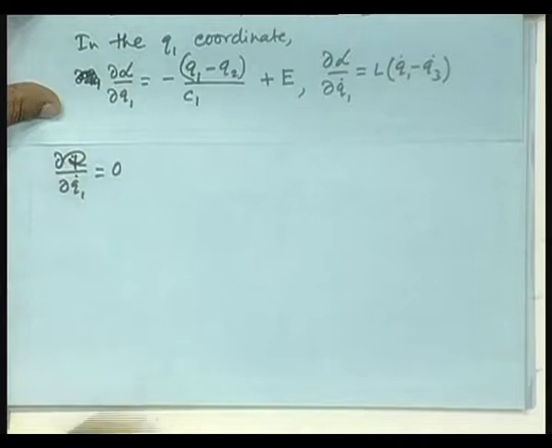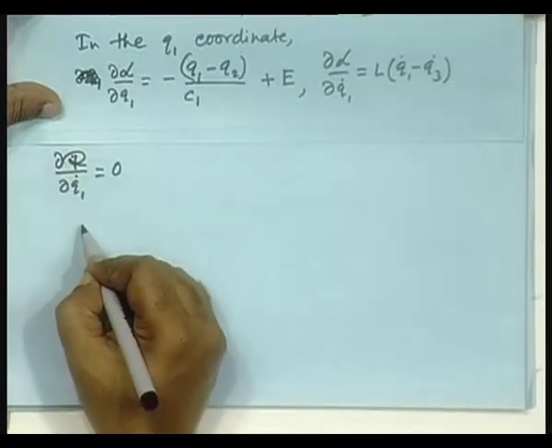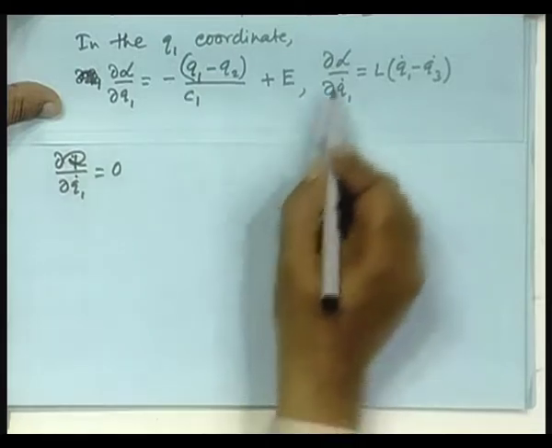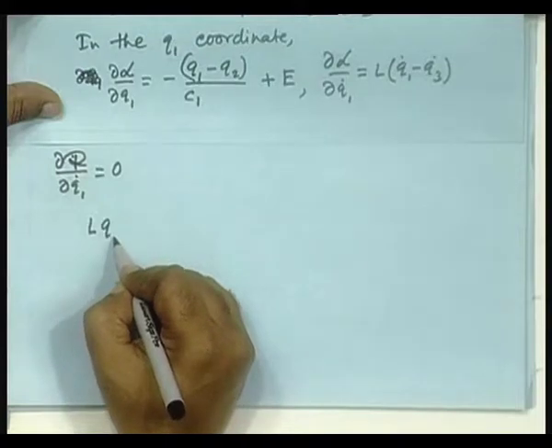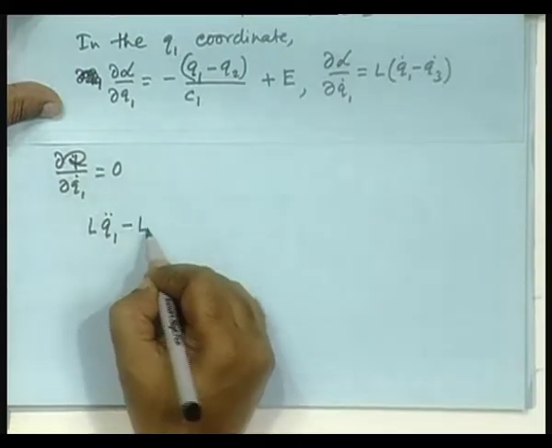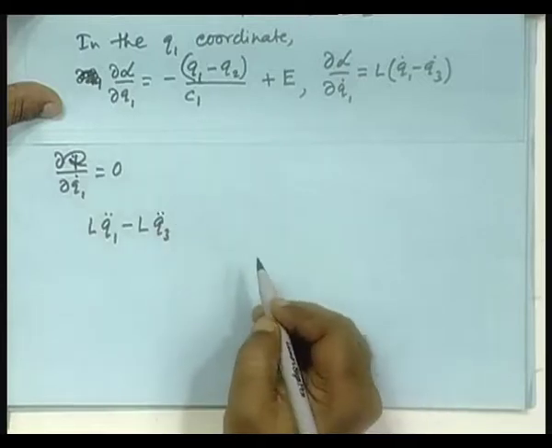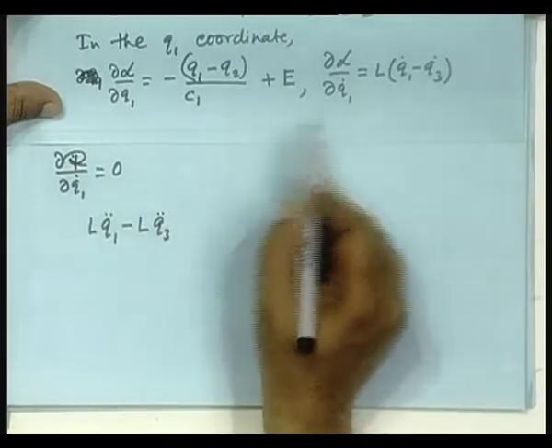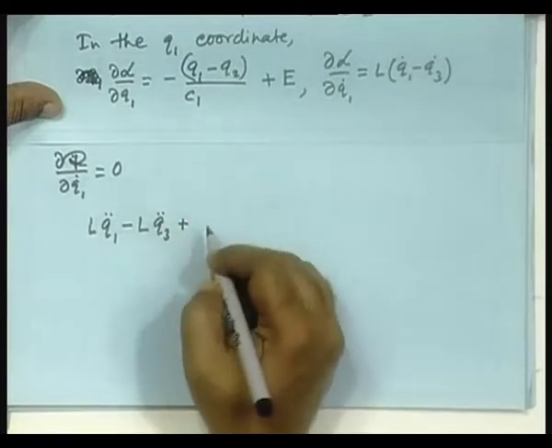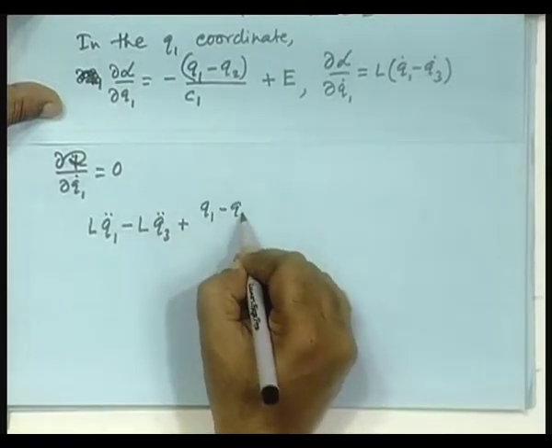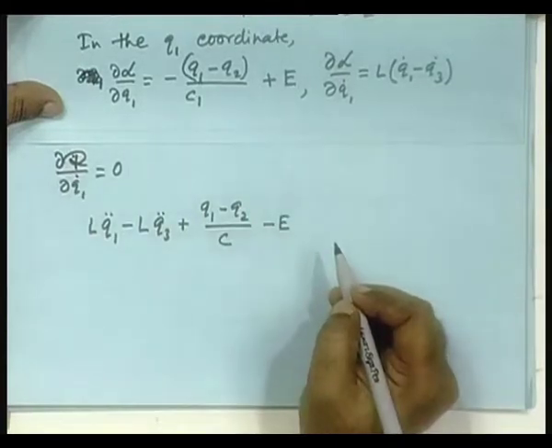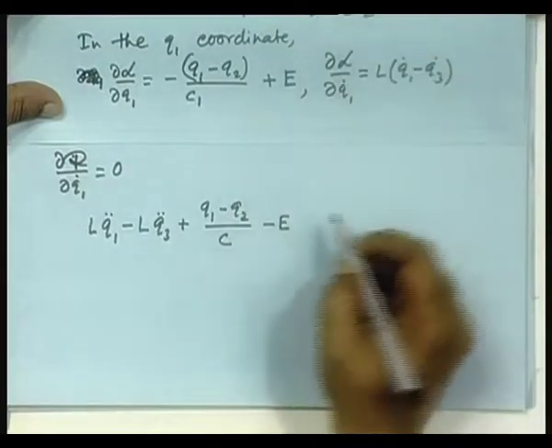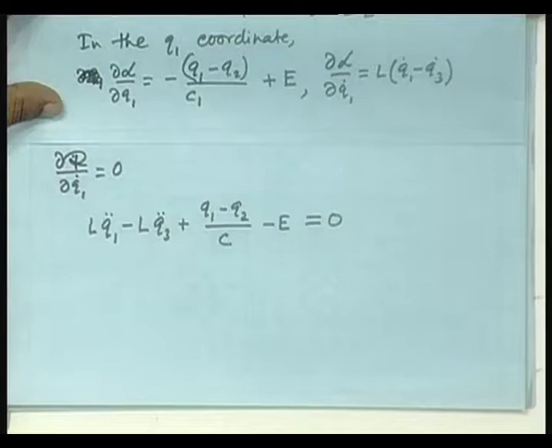So now if you write the equation, it will be d/dt of this, which means L q1 double dot minus L q3 double dot, then negative of this one, (q1 minus q2) by C minus E. The Rayleigh term is 0, therefore this is okay, fine.